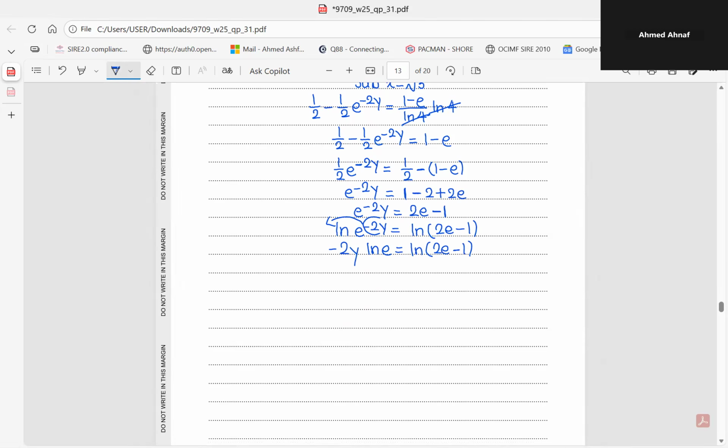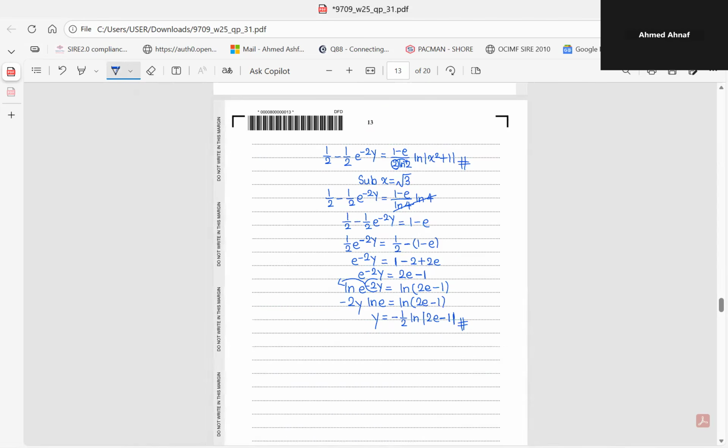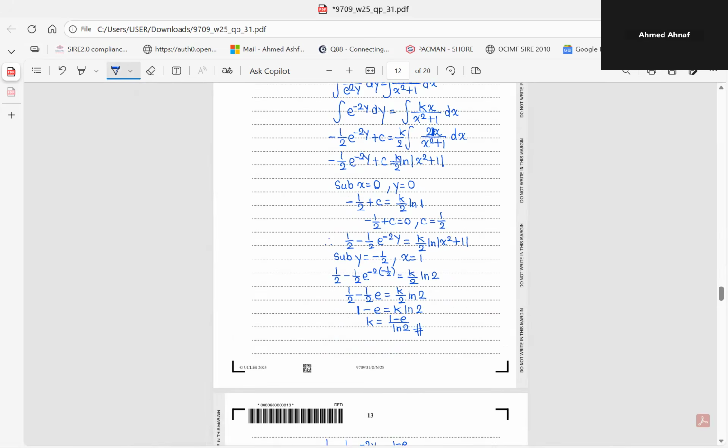And ln e, that's just 1. So dividing by negative 2, you get y equals negative half ln modulus of 2e minus 1. So yeah, this would be our final answer, our second answer for this question.